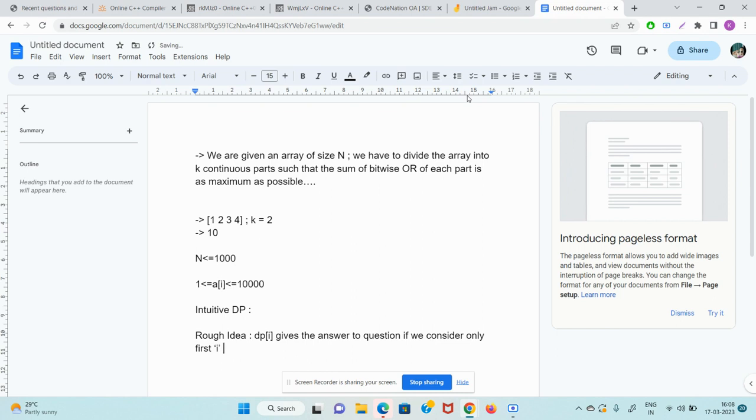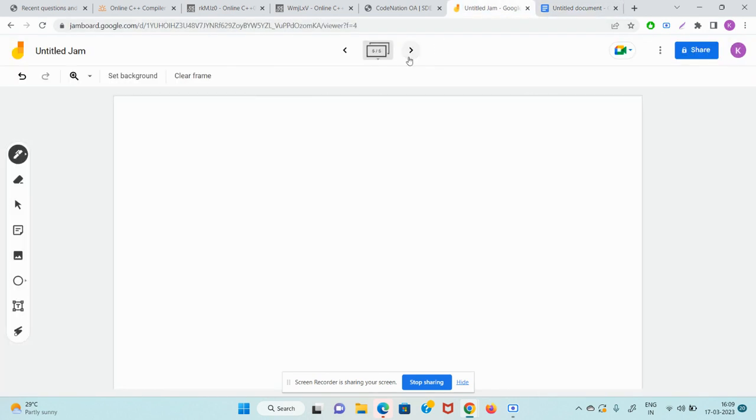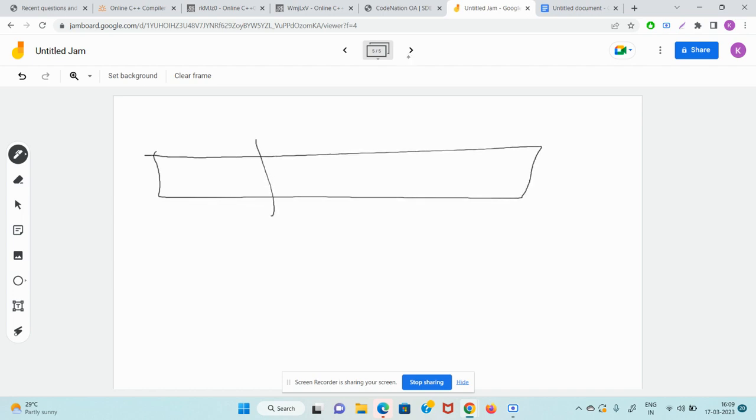But guys, we need to try to feel something here. The thing is, there are many elements in the array.